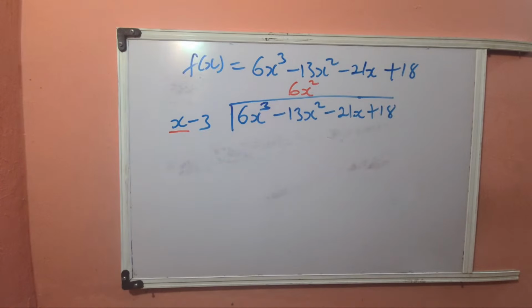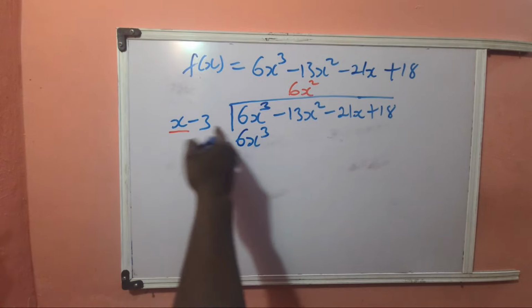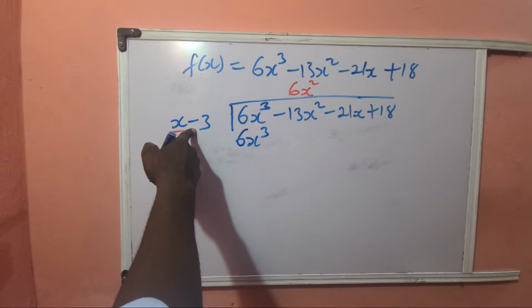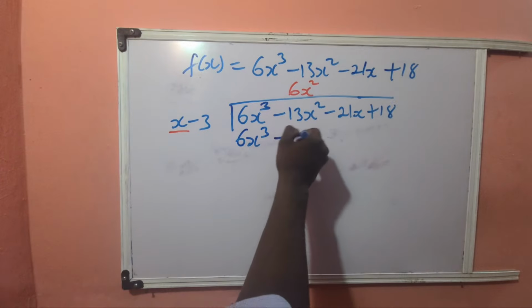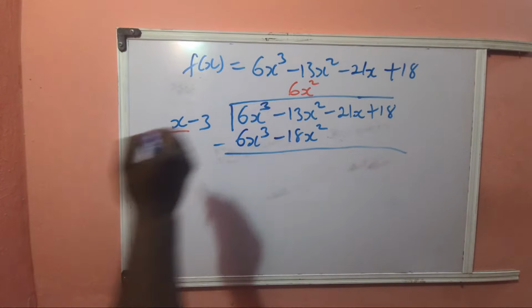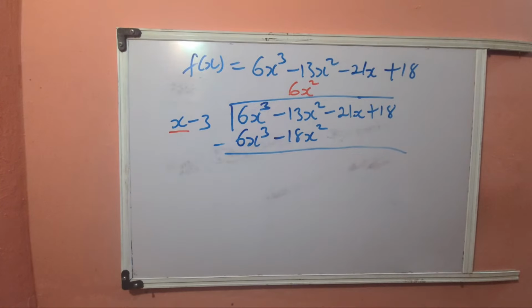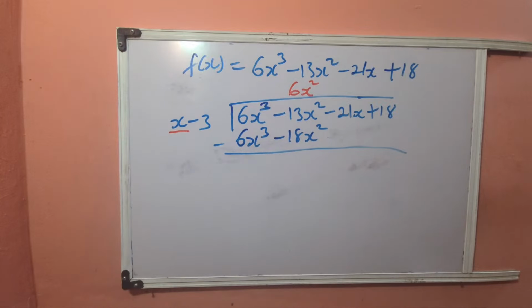So 6x squared times x, of course, that's 6x cubed. 6x squared times minus 3, that'll be minus 18x squared. So we'll go on to subtraction here. Of course, this will cancel out because 6x cubed minus 6x cubed is 0.